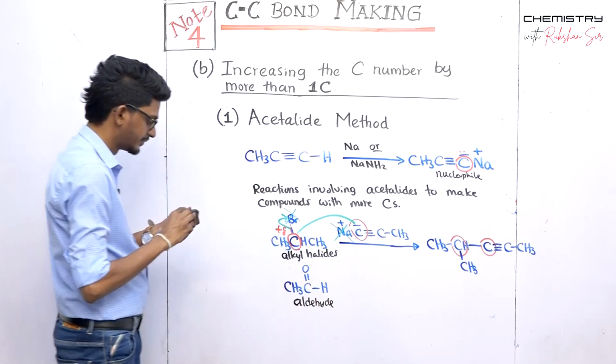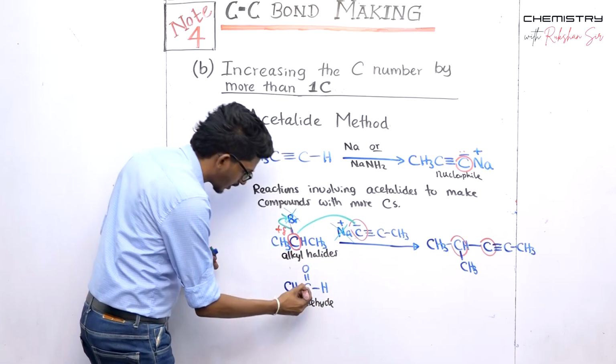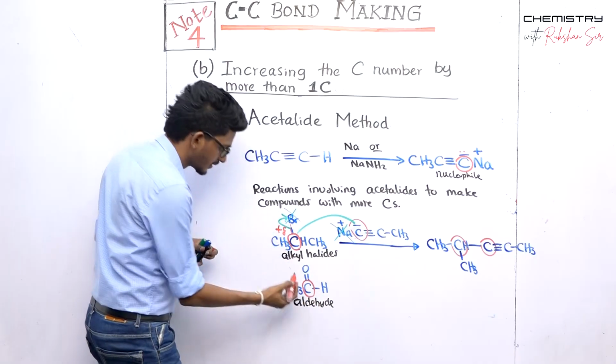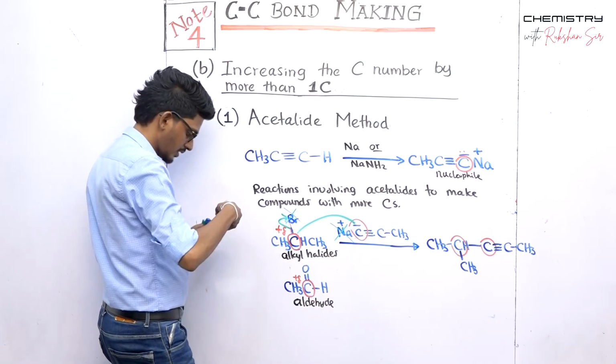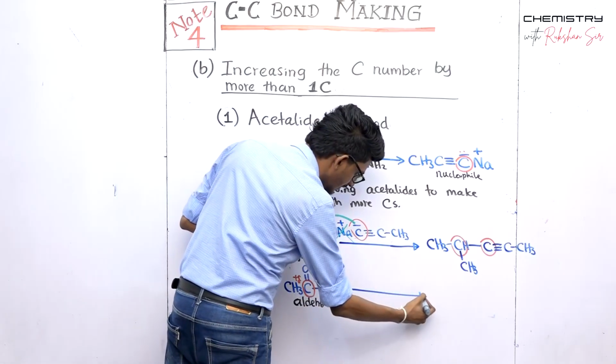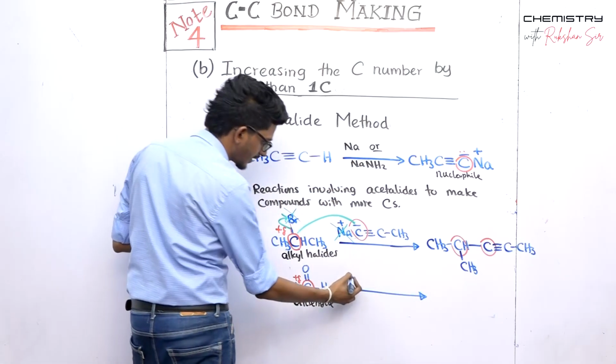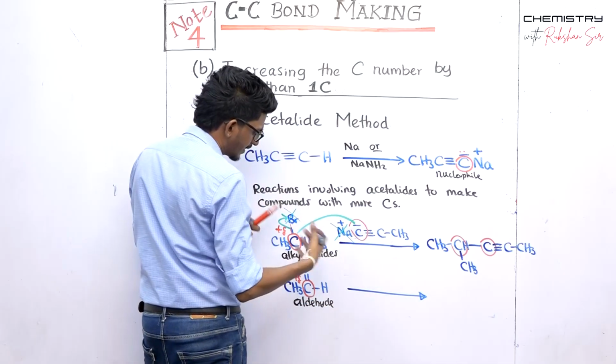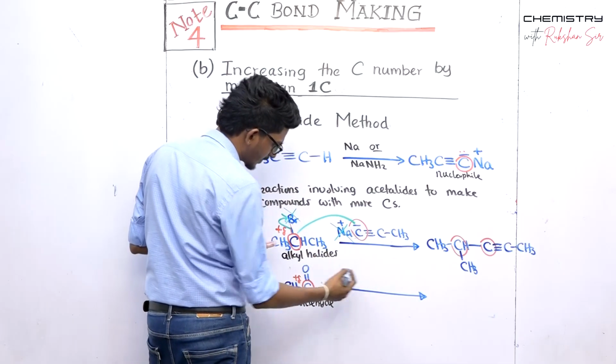This is your aldehyde. You have a positive polar carbon like this. This carbon is positive polar, and you are supposed to use some acetylide here.